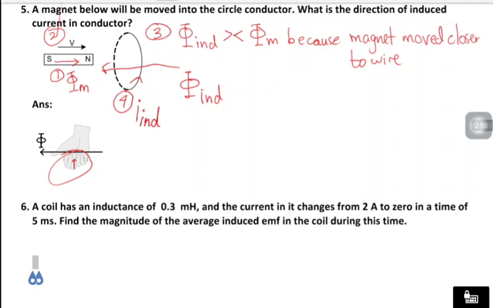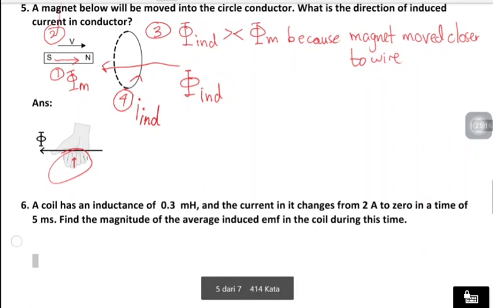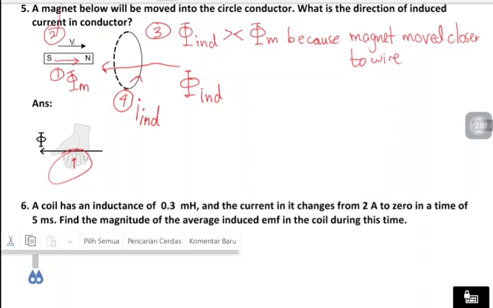We repeat. Step number 1, we have to state the direction of magnetic flux, which is to the north. Step number 2, we see whether the magnet's velocity is becoming closer or farther.